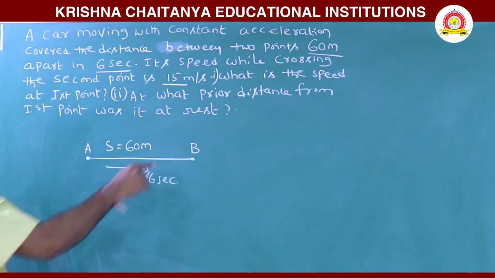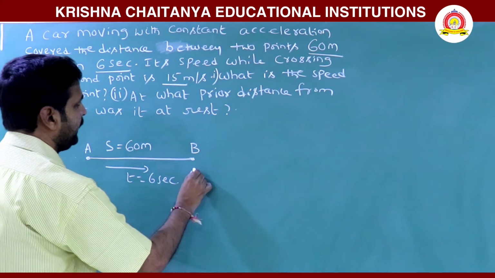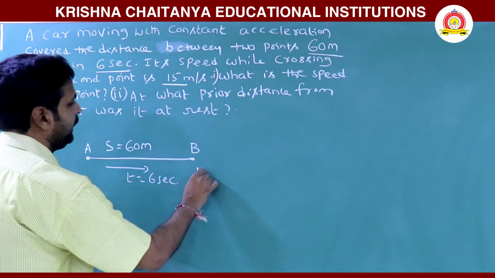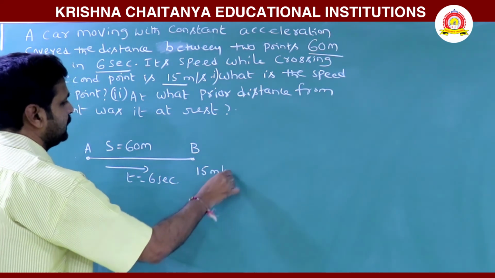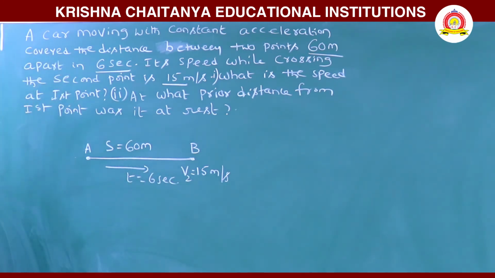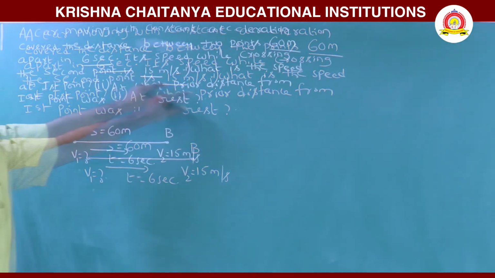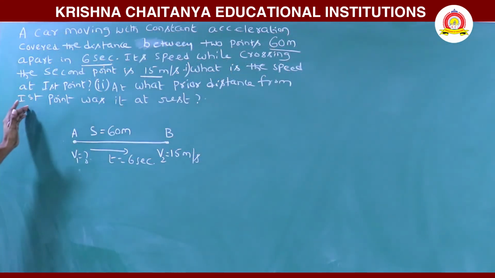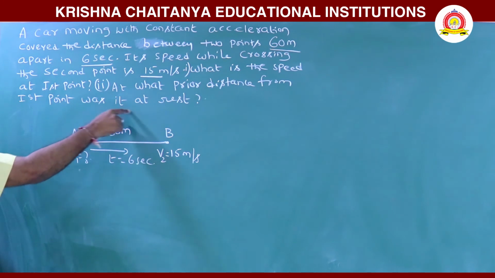Now here at the second point, speed is 15 meter per second. This is V2, second point. You are asked to find out V1. This is first question. And second question is, at what prior distance from first point was it at rest?